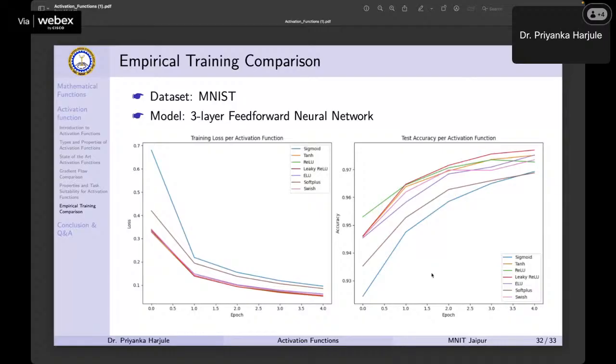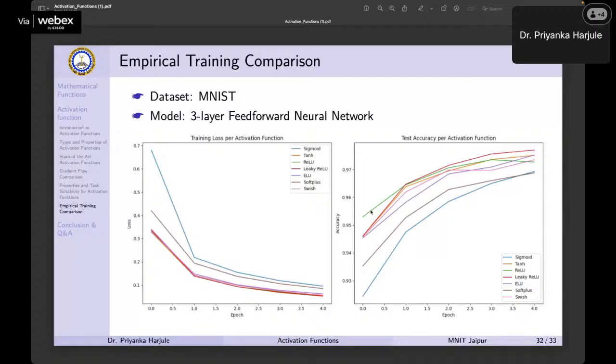In the test accuracy, leaky ReLU is quite consistent, and it is achieving the highest test accuracy by the final epoch. ReLU and Swish are closely following leaky ReLU.